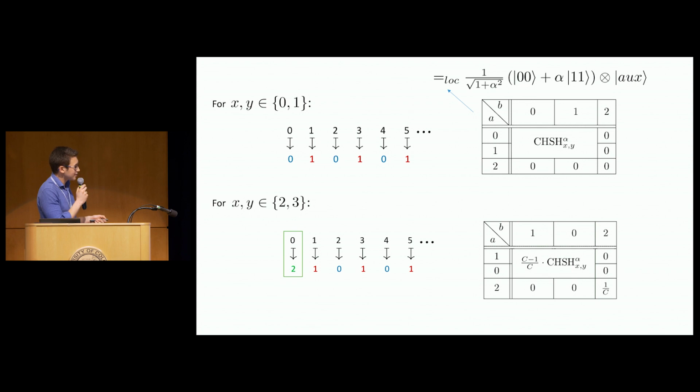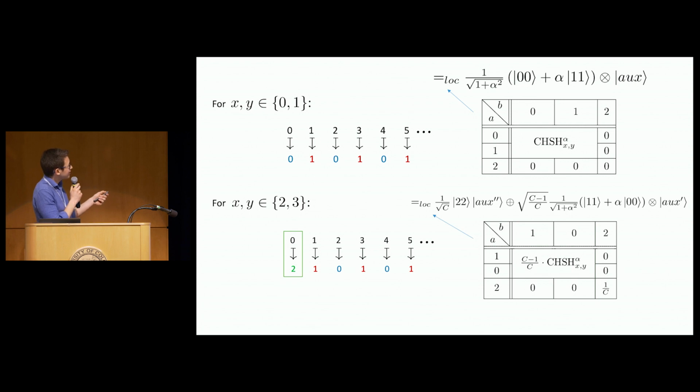And there is some weight also on the answer 2. And you can, again, reasonably believe me that any state psi that produces such a correlation table is also local isometry equivalent to this expression, which is the same one that we had before, okay? This 2 tensor aux plus this part here, which is basically the same as this.